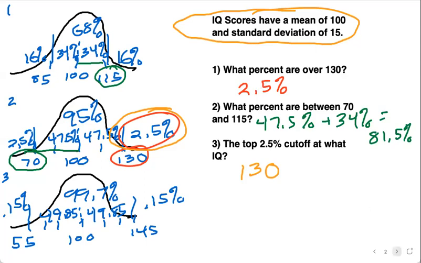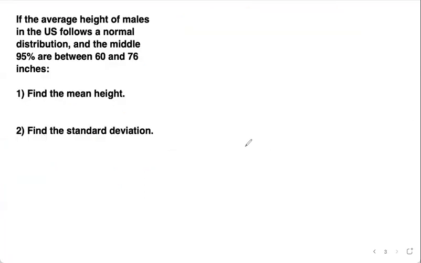Lastly, they could ask you to go backwards to find the mean and the standard deviation. In this last example, you could be given something like: the height of males in the US follows a normal distribution, and the middle 95% are between 60 and 76 inches. Find the mean height, find the standard deviation. So what do we have? Well, we don't know the mean.